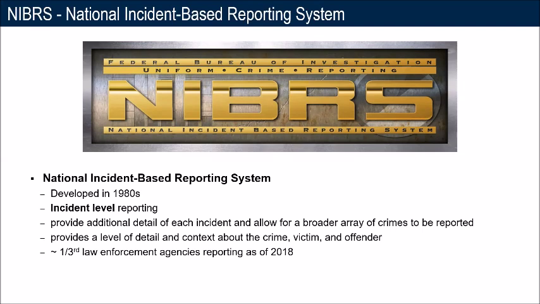It gives you more segments of data specifically about the offense, the victim, and the offender. The only problem is that only about a third of law enforcement agencies were reporting as of 2018. There are programs in effect right now aggressively trying to get more agencies to respond, so I expect a lot more agencies coming online in the next few years.